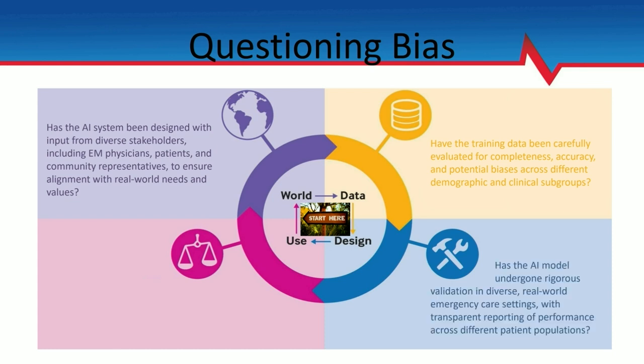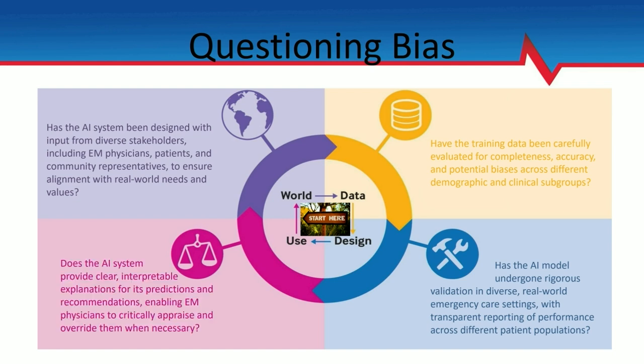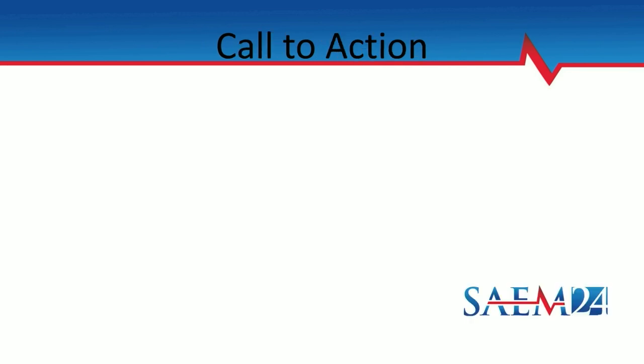The AI model has been tested in many situations, whether it's been externally validated. And then last but not least, whether or not we can actually understand what's coming out of the AI. Is this a black box or is it transparent? And if I need to override it, can I do that? Right? So we're gonna come back to this call to action for emergency physicians.